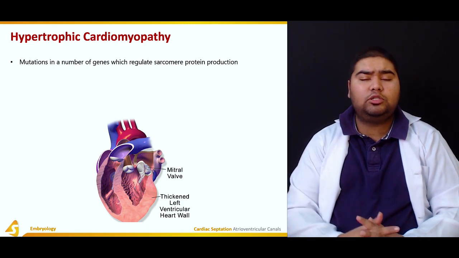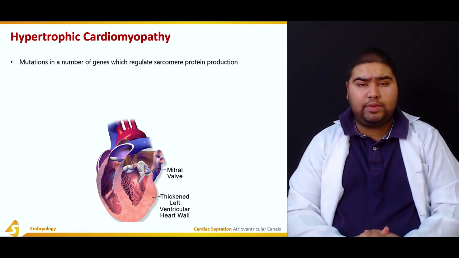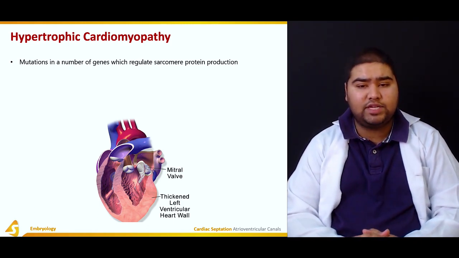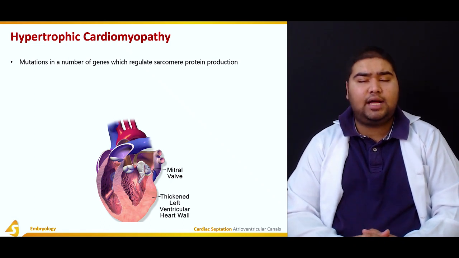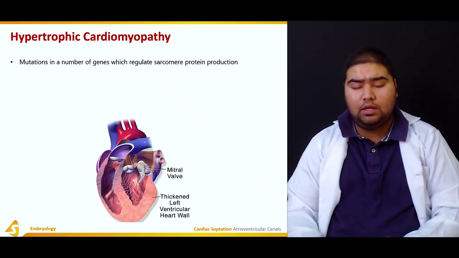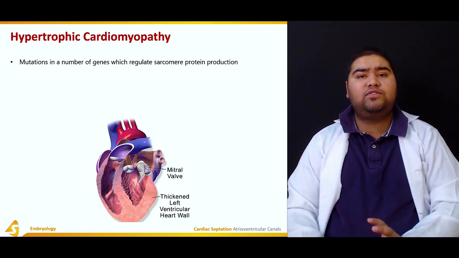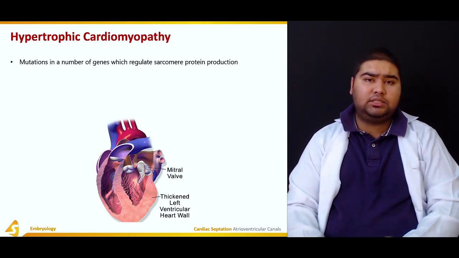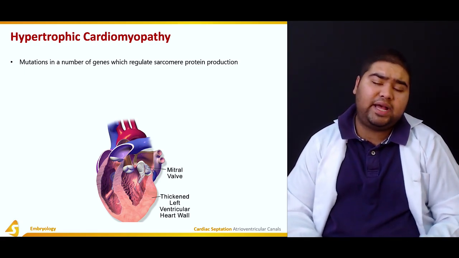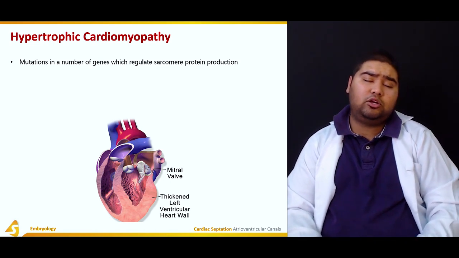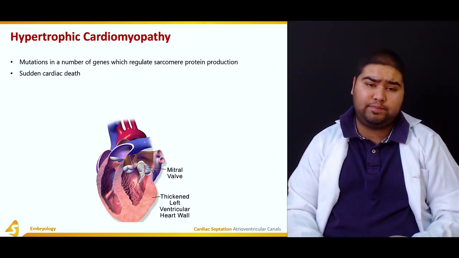So hypertrophic cardiomyopathy is caused by mutations in a number of genes which regulate the sarcomere protein production. So actually there is faulty sarcomere protein production, and it is regulated by a number of genes. So there are many mutations in these patients.